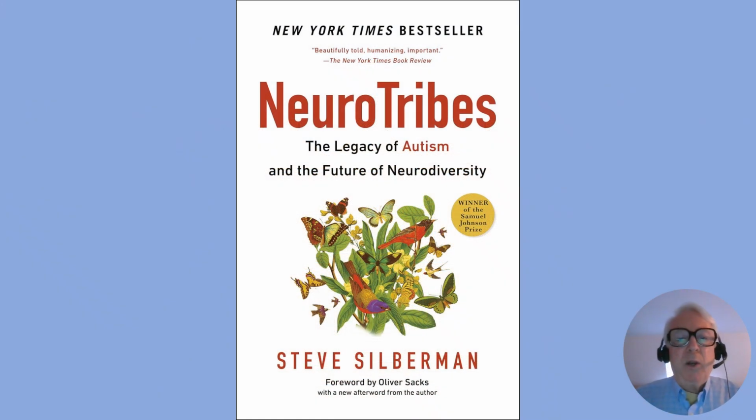Another thing that happened during this time in the 2010s was the publication of Neurotribes, The Legacy of Autism and the Future of Neurodiversity by Steve Silberman. And this book, I feel, did more than anything to put neurodiversity on the map.